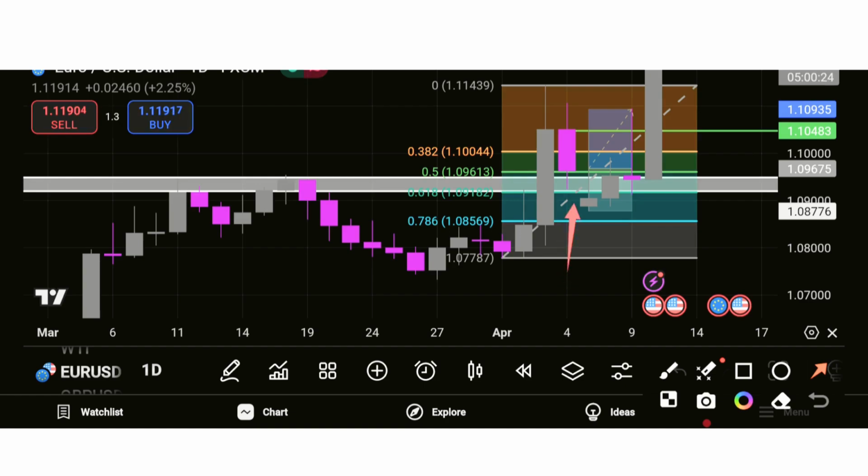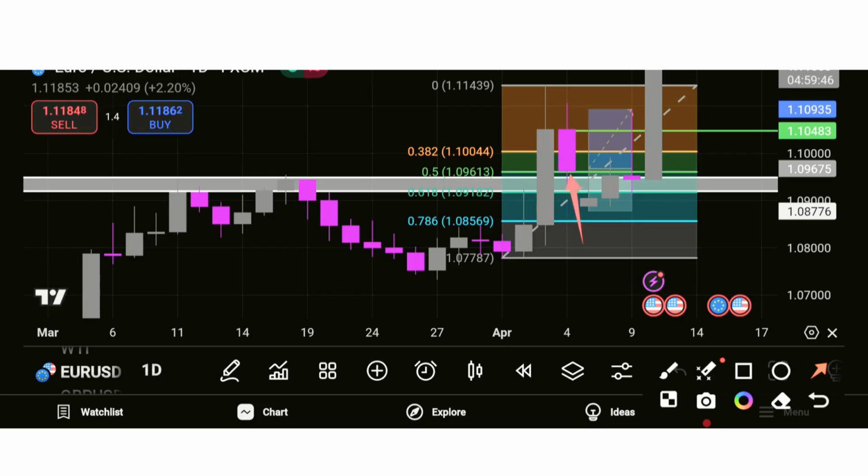Also, if you notice the wick of this bearish candle, we didn't close with a full momentum body candle into the previous resistance zone, which now became support. So we had a nice little wick there on the daily candle as well, right? So we got the break above, then we got the retrace into the 50% area, and more importantly into the previous daily resistance zone, which now became support.